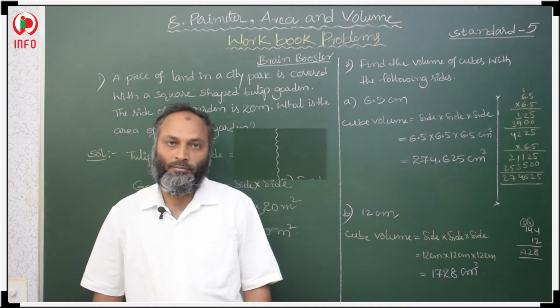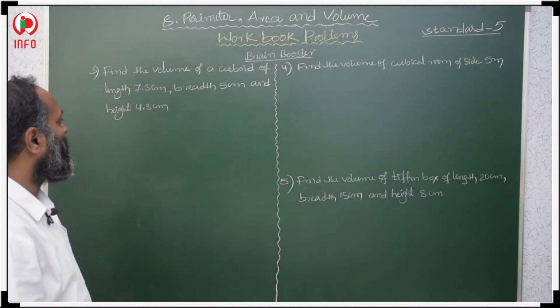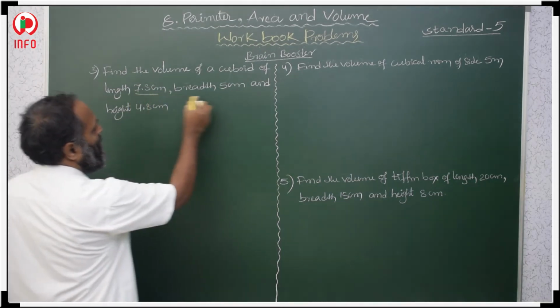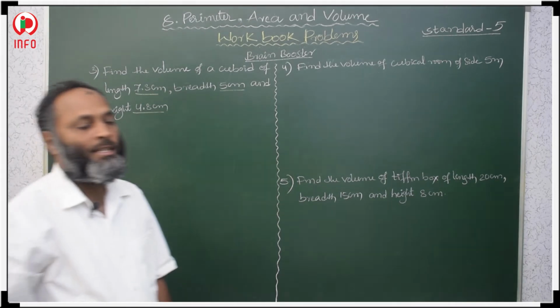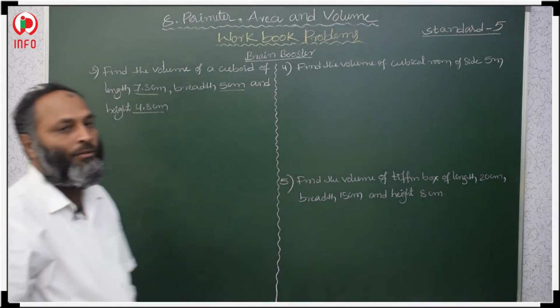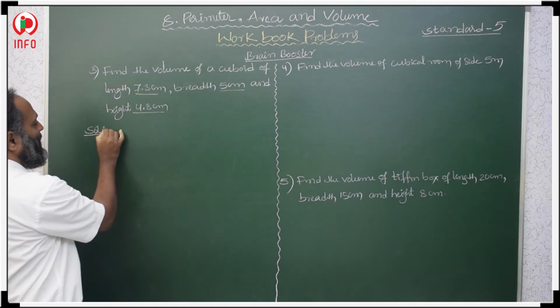Okay. Now the next. See here. Find the volume of a cuboid. Cuboid length, breadth and height are given, then find the volume. Volume formula is length into breadth into height.